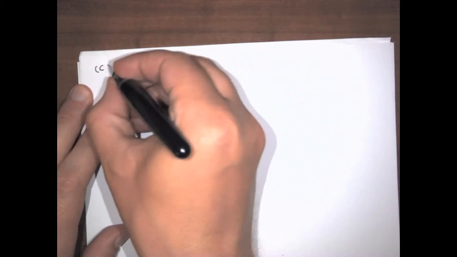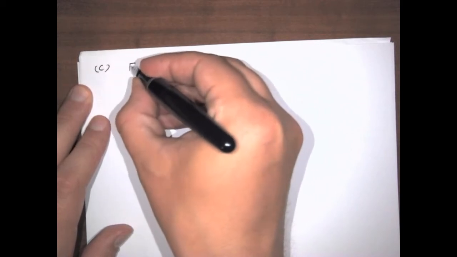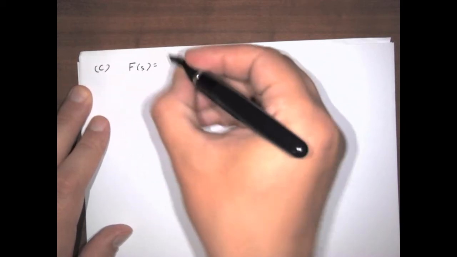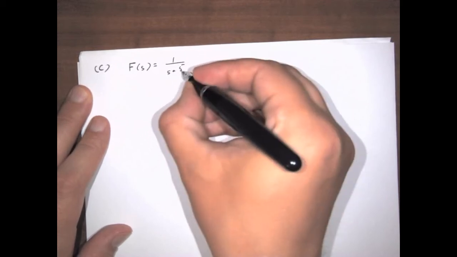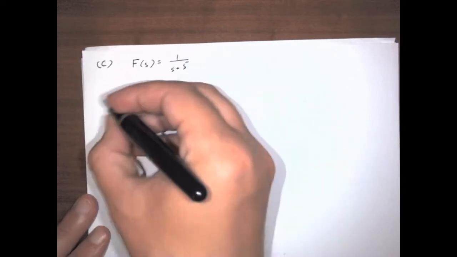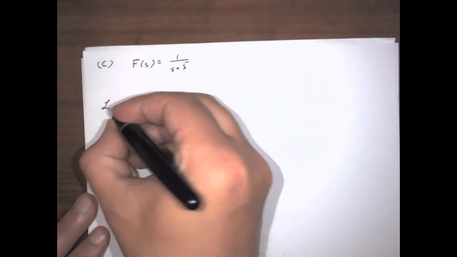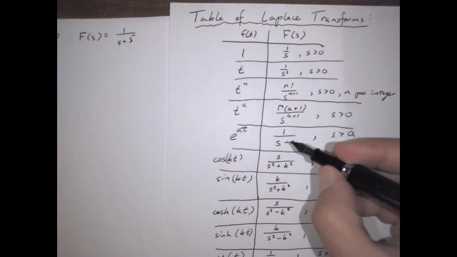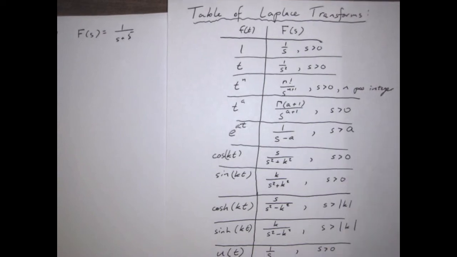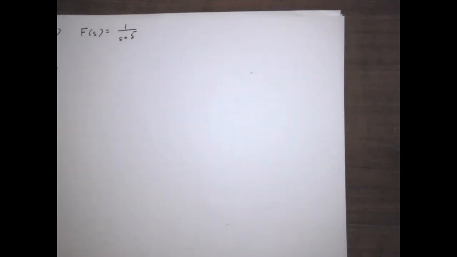Now for our next example, let's see where we are given F of s is equal to 1 over s plus 5. So here, the closest one from the table, so bring up the table and look it over, is clearly right here, e to the at.